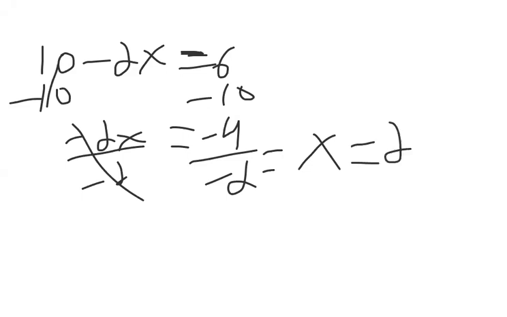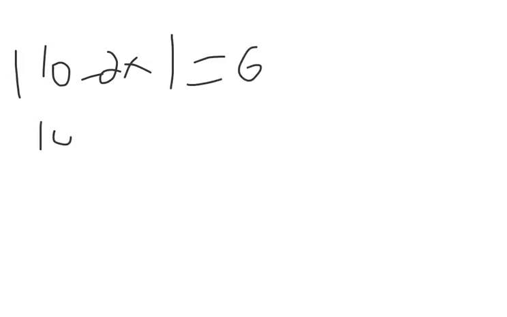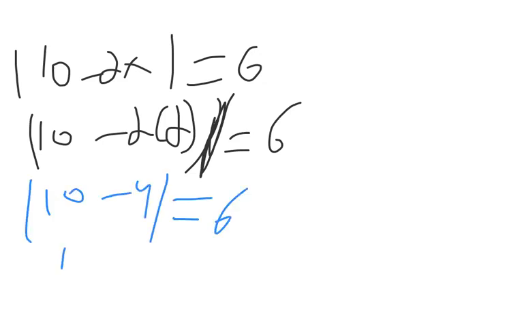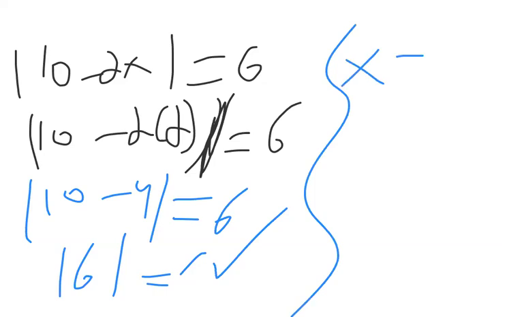Let's see if that works. 10 minus 2 times 2 is 10 minus 4, which is 6, and the absolute value of 6 is 6. So yep, our answers are 8 and 2.